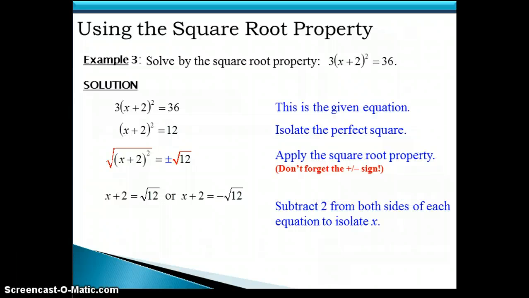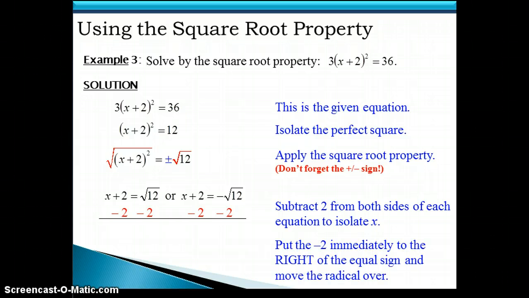We can do that by subtracting 2 from both sides of the equation. Now when we do this, we want to put that negative 2 immediately to the right of the equal sign and move that radical over.